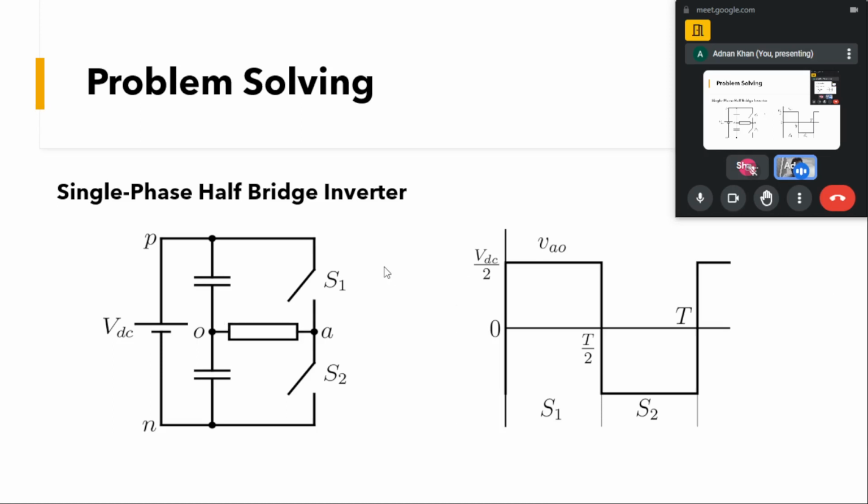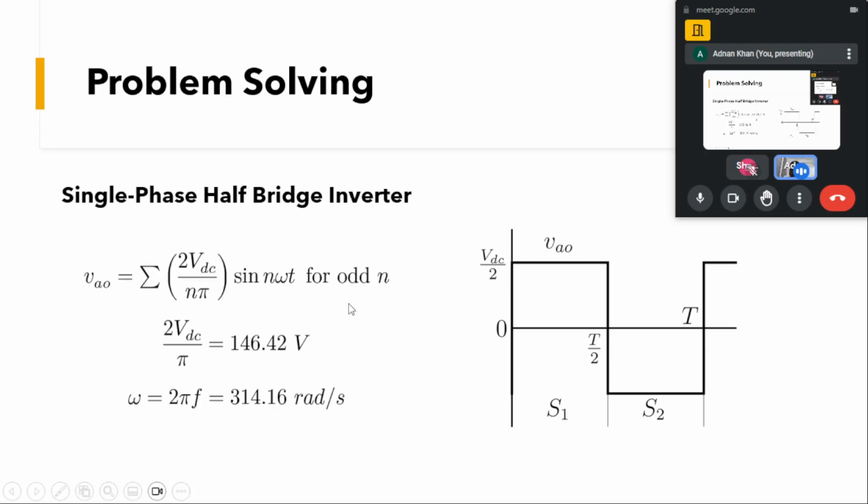So in a half bridge, the output voltage waveform is a square kind of waveform. This we have seen in the previous classes.